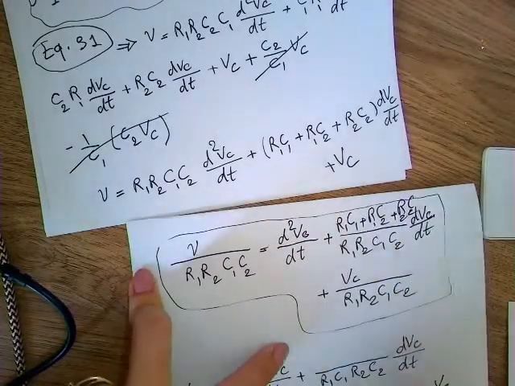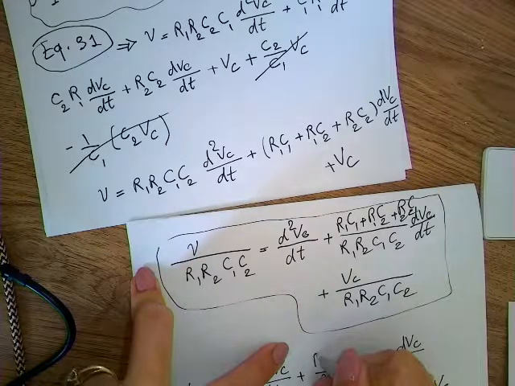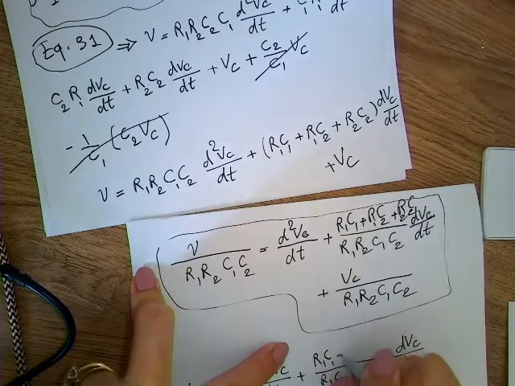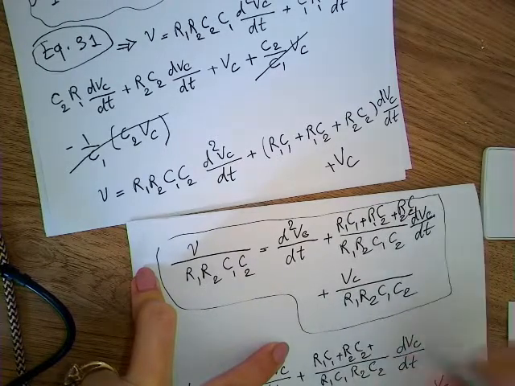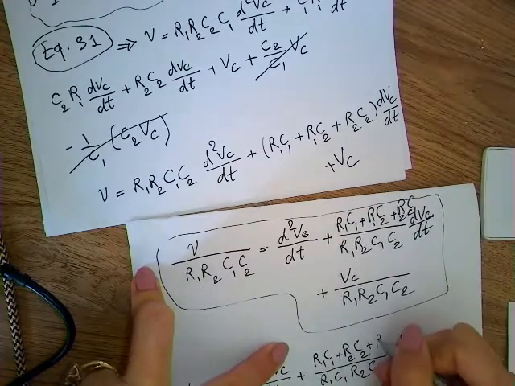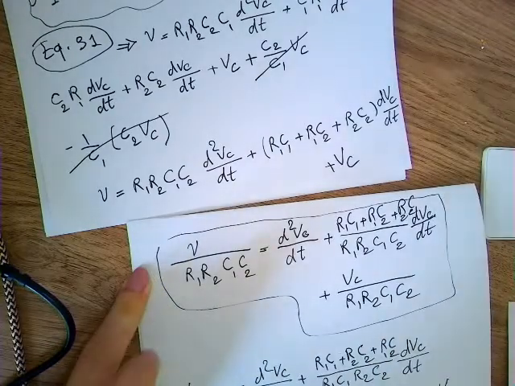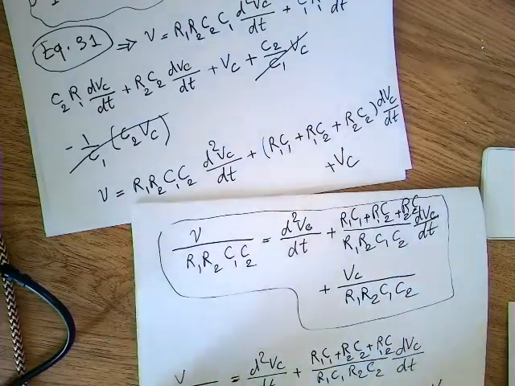So you can see that I have kind of a combination here. R2, C2 plus R1, C2.